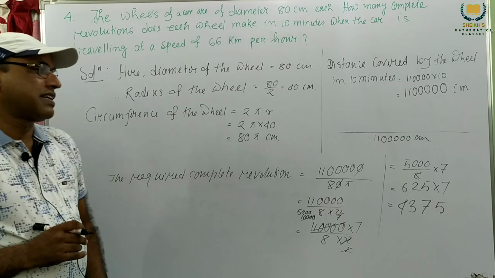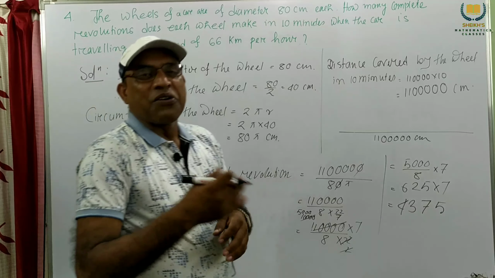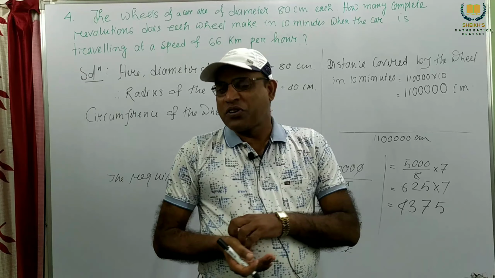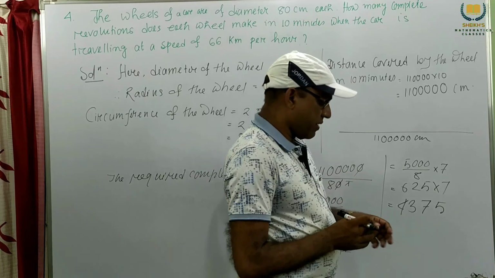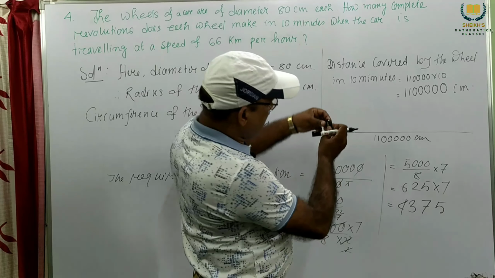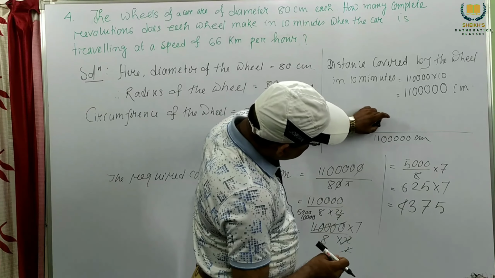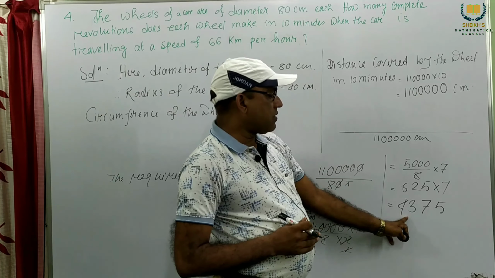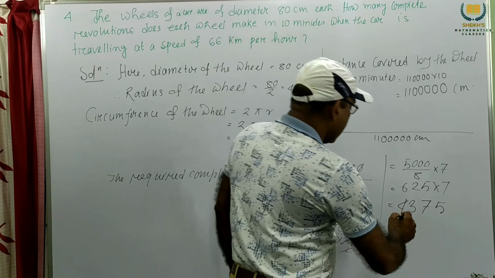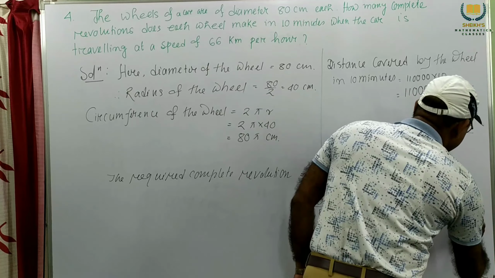This is the answer. So the number of complete revolutions of the car is 4375. This is our final answer.